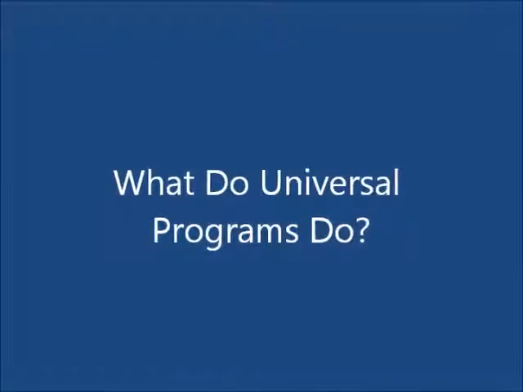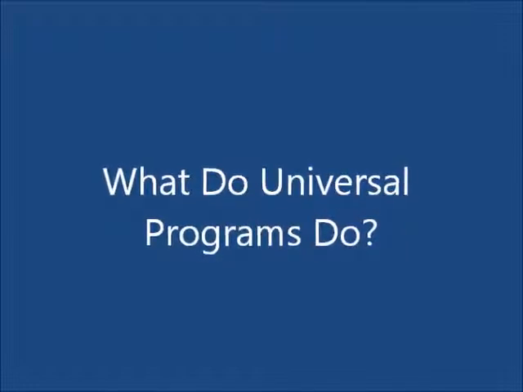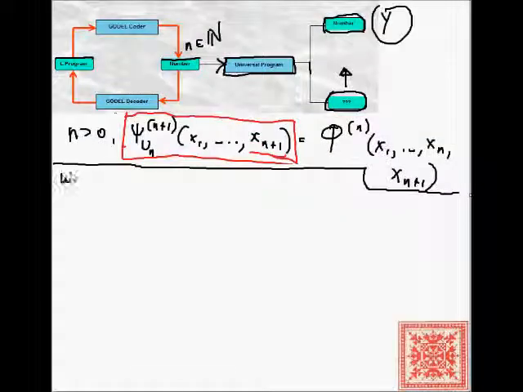So what exactly do universal programs do? That's the question we'll consider next. What does u sub n do? Remember, there's a sequence of universal programs, u1, u2, u3, u sub n, and each program can run arbitrary programs of n arguments.